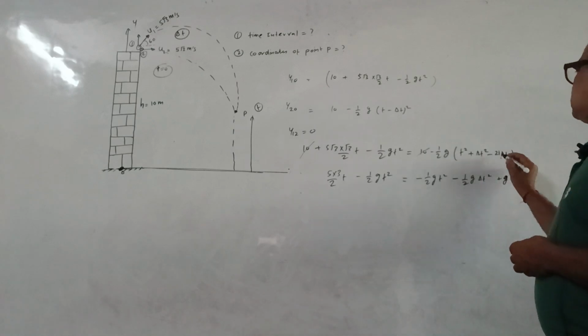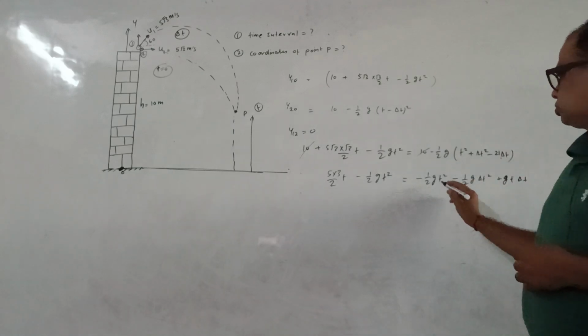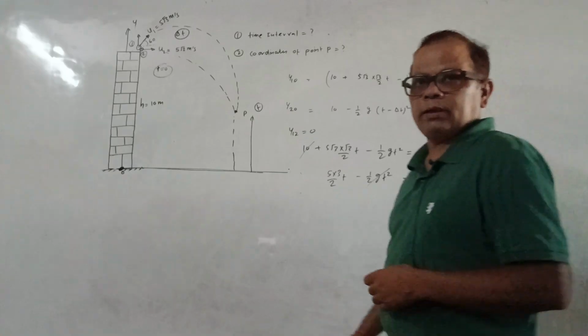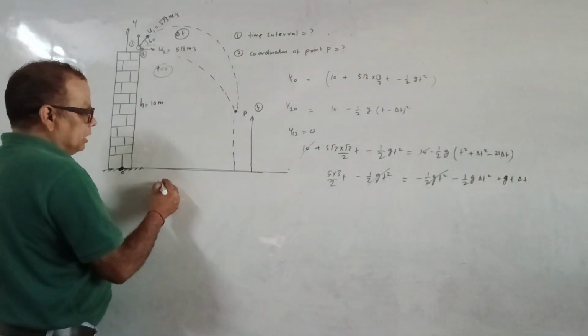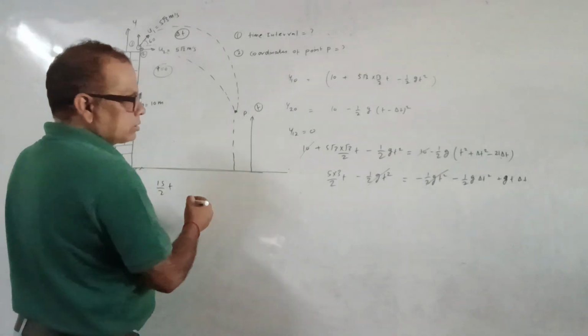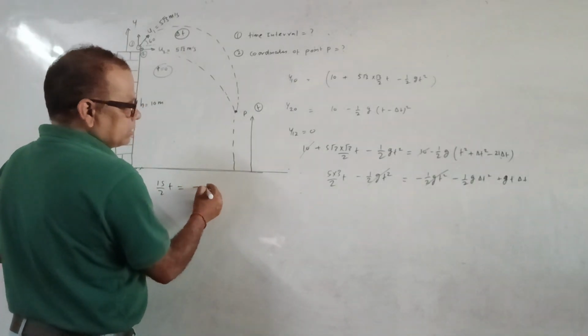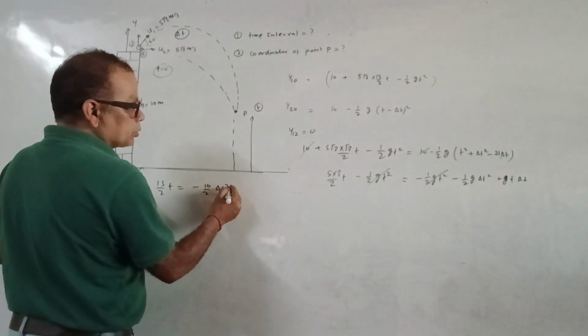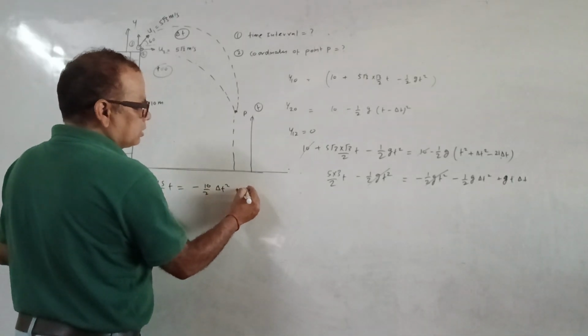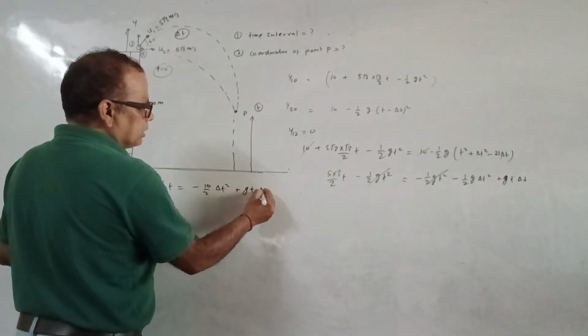The half g t square will also cancel. So what will be the value now? 15 by 2 t is equal to minus 10 by 2 delta t square plus g t delta t.